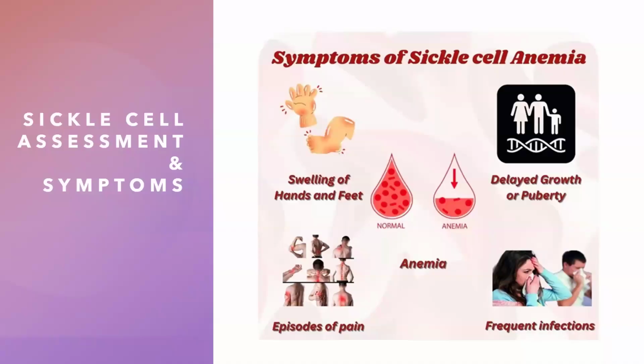The largest symptoms are fatigue and pain, and also infections due to the damage of the spleen. So that can lead to more spleen damage. Bone, chest, back, and joint pain, tachycardia, tachypnea, shortness of breath, fever, anxiety, malaise, gallstones, vision problems, leg ulcers, and possible stroke. There is an increased risk of infections due to spleen damage, though.